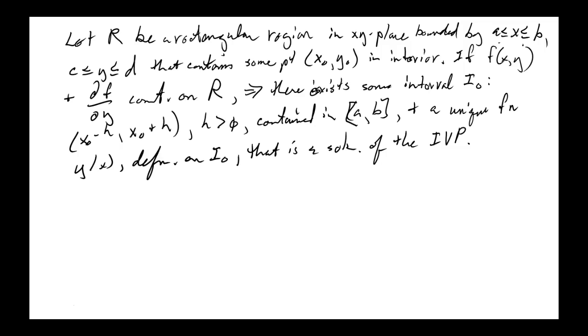So some direction on either side of that, where h is positive, contained in that a to b, there exists that interval contained in that, and a unique function y of x defined on that interval I sub 0 that is a solution to the initial value problem. A lot of blah blah blah, and it's a pretty vague seeming deal here. So that's theorem 1.2.1.